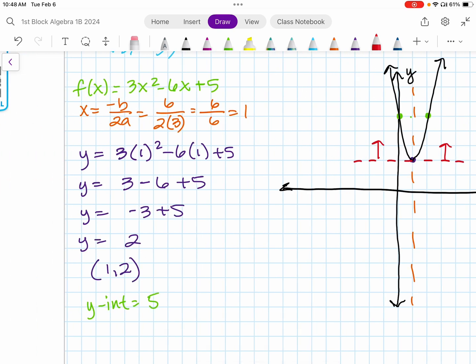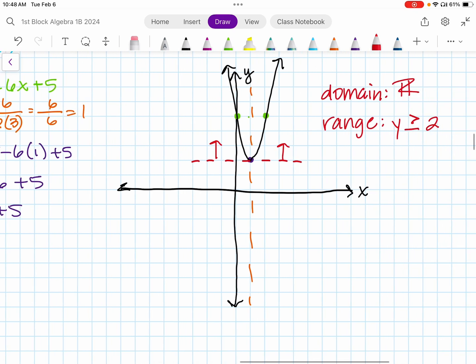So given an equation, we found the axis of symmetry, we found the vertex. We graphed the y-intercept and then graphed another point on the other side of the axis of symmetry. And that allows us to find our domain and our range.